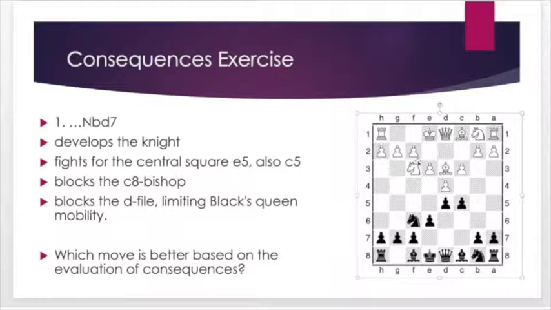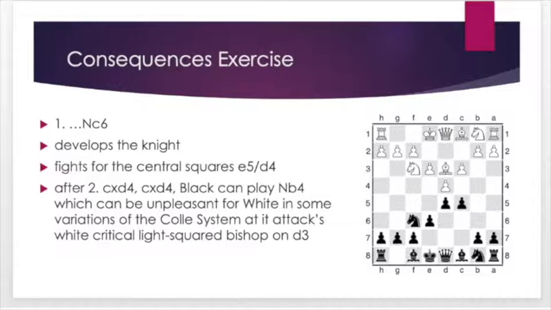So the move that I recommend in this position would be knight to c6, our first move. As we rationalized in our consequence list, it does develop. It goes to the most active centralized square. It covers 2 of the 4 center squares.